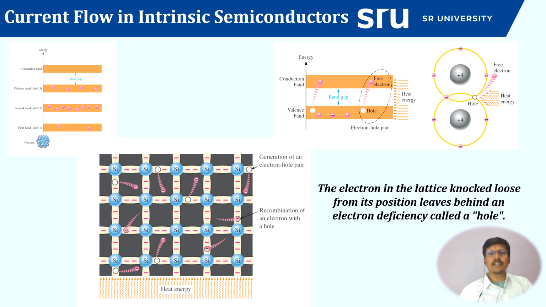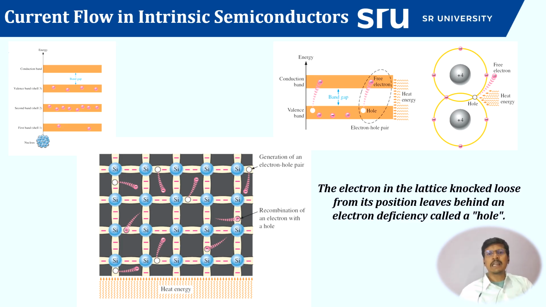In intrinsic semiconductors, the electron current is approximately equal to the hole current, because the electron and hole concentrations are equal. However, electron mobility is generally higher than hole mobility.